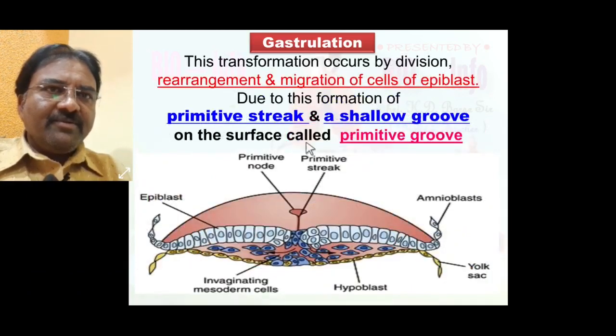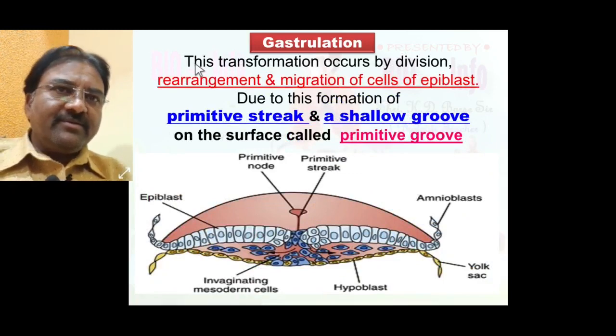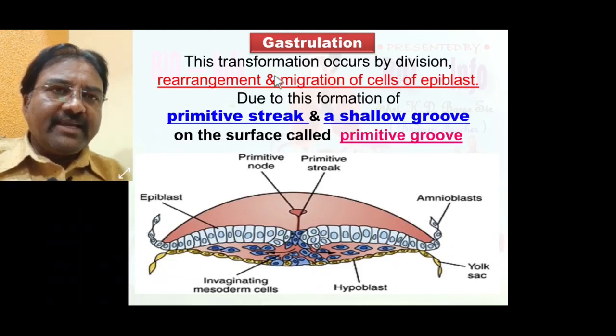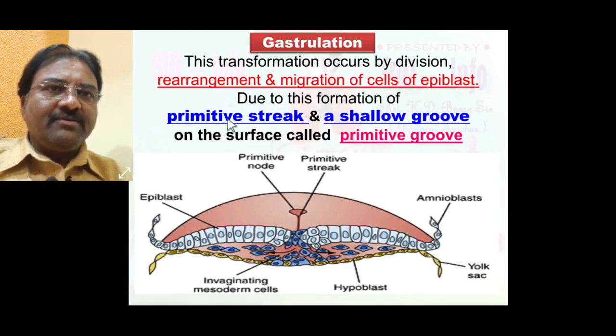Now the transformation occurs by division, rearrangement and migration of epiblast cells. Due to this, the primitive streak forms, and a shallow groove on the surface is called the primitive groove.